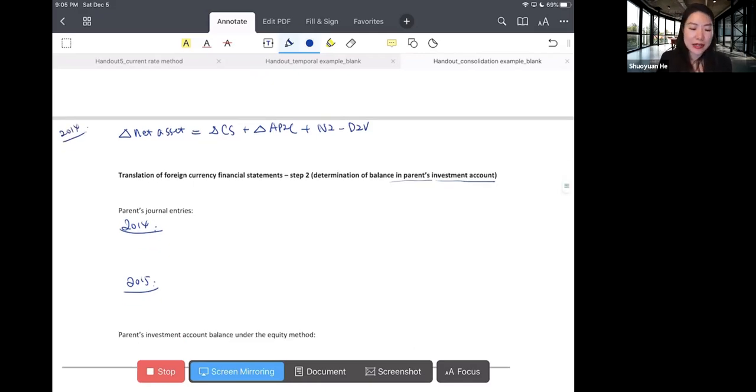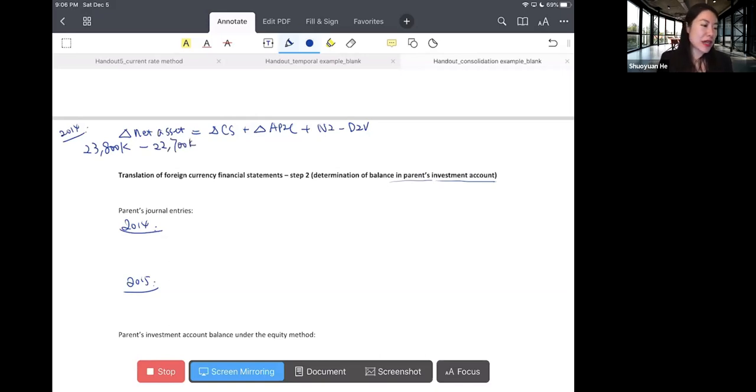the change in net asset. So what is the amount? The ending net asset of the firm is 23.8 million, and the beginning net asset is 22.7 million.